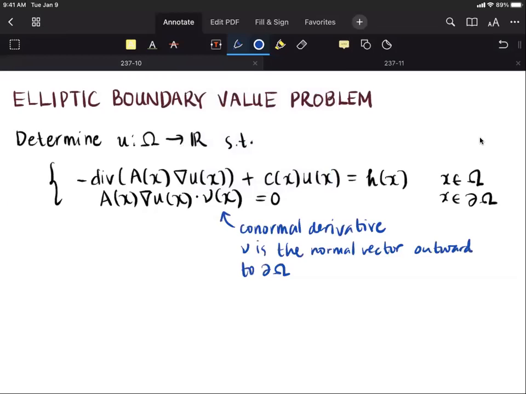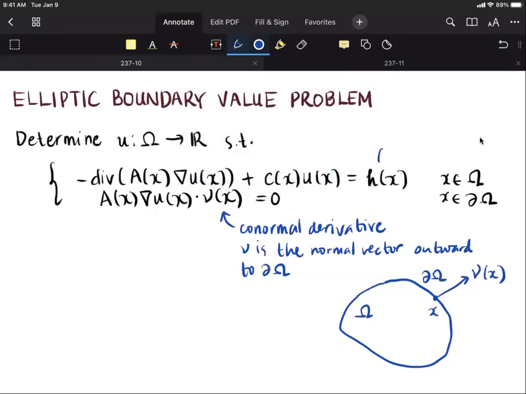So suppose this is our domain omega. You have a point x on the boundary. Then nu of x would be this vector, unit vector outward to omega.